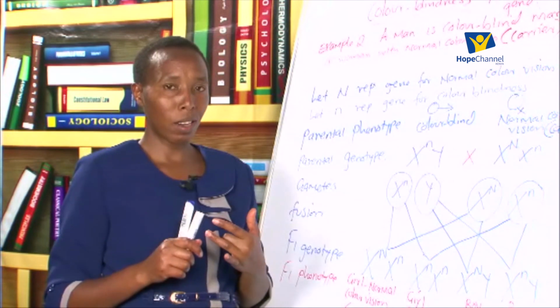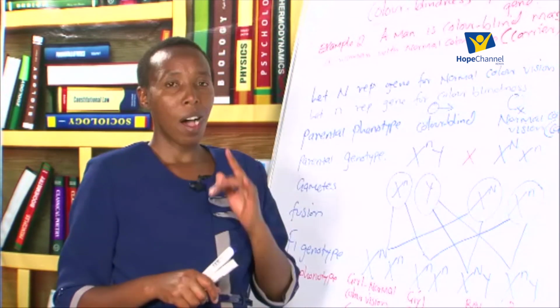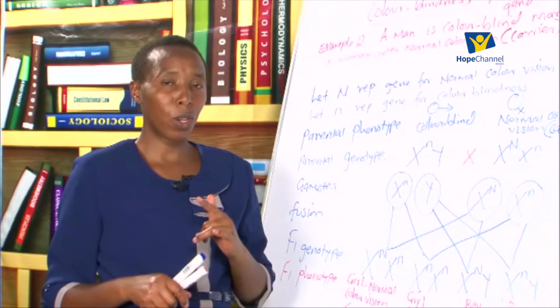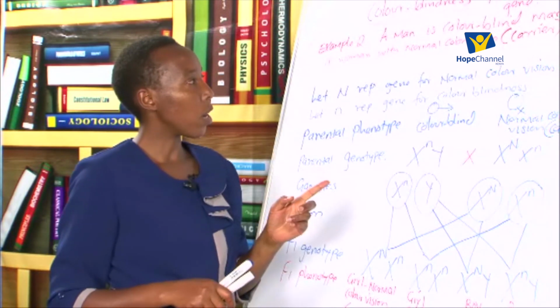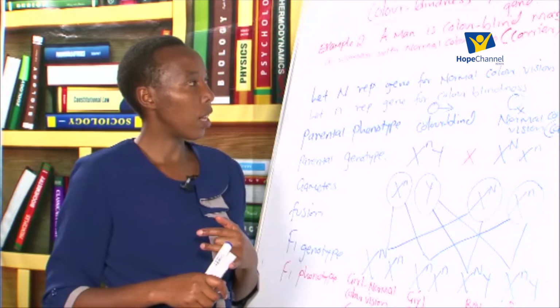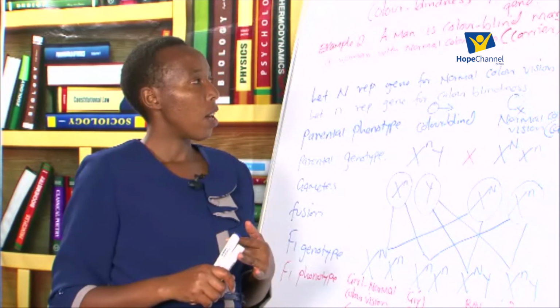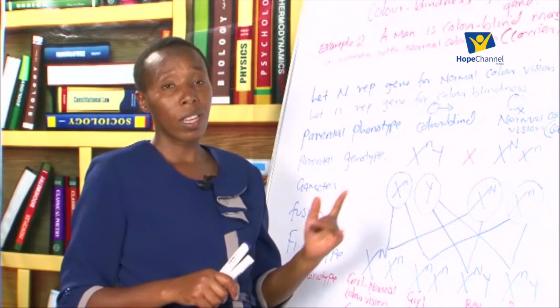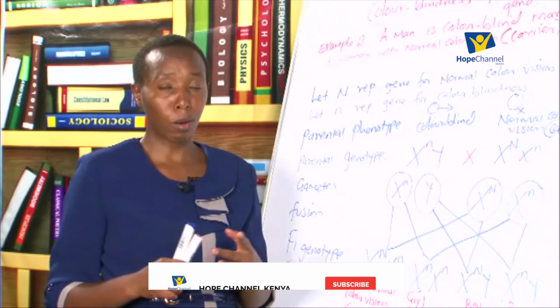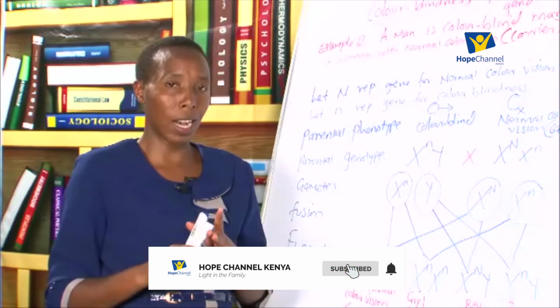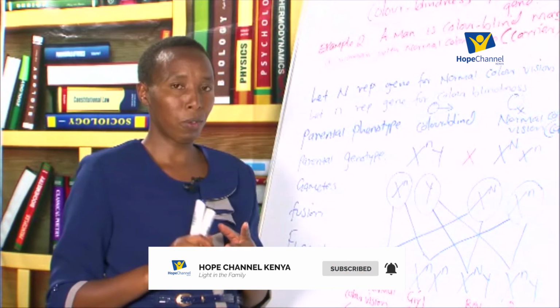I want to repeat that question. You have a marriage between a man who is hemophilic and a female who is having a normal blood clotting, but she is a carrier for the condition of hemophilia.